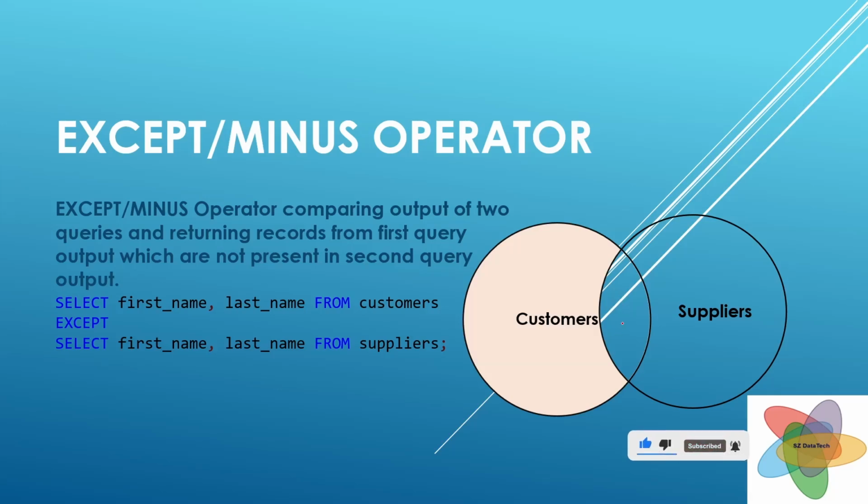Let me repeat it again. When we use the except operator, it compares the result sets of two queries and returns the records of the first query which are not present in the output of the second query. Let's take an example. If we have records A, B, C and P, Q, A, then using except, it will return only the records B and C, that is two records.